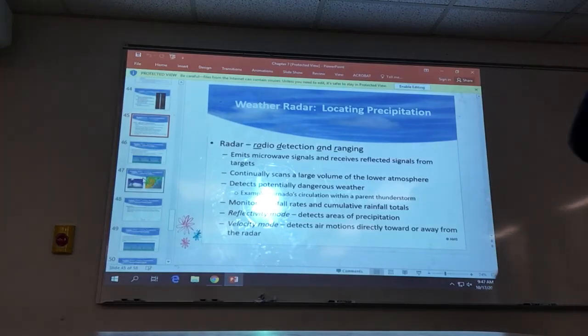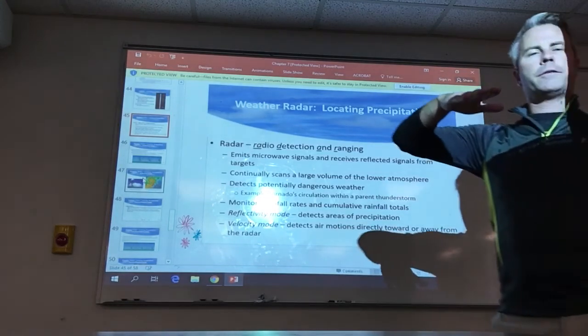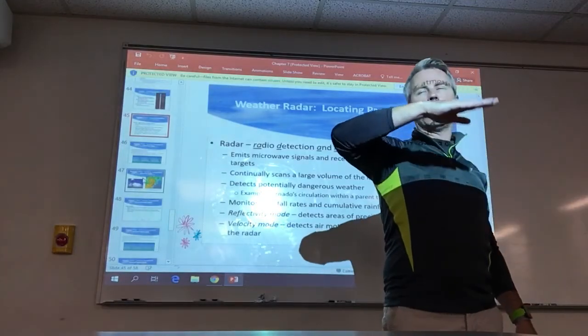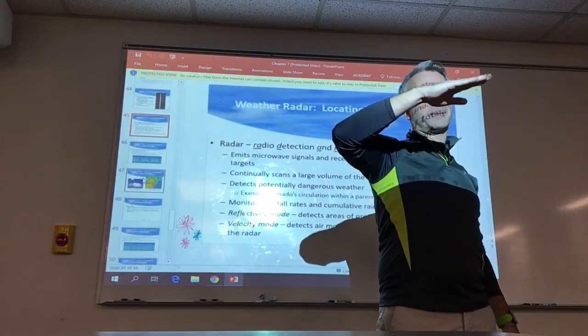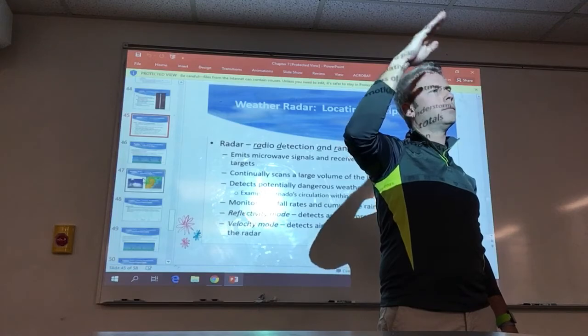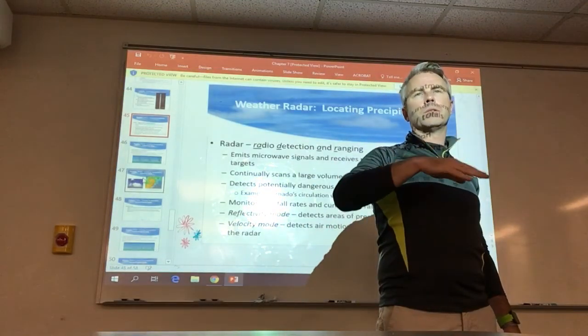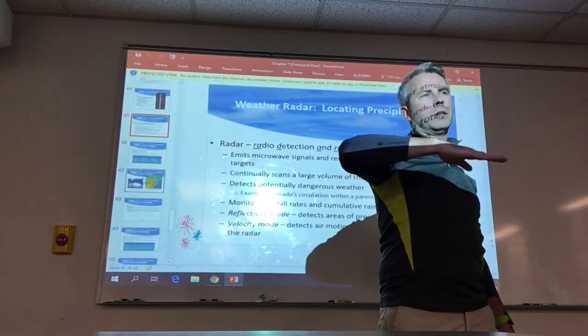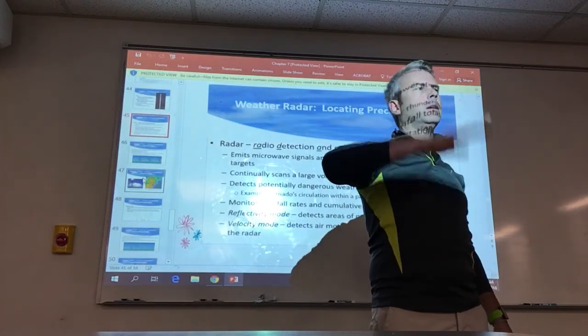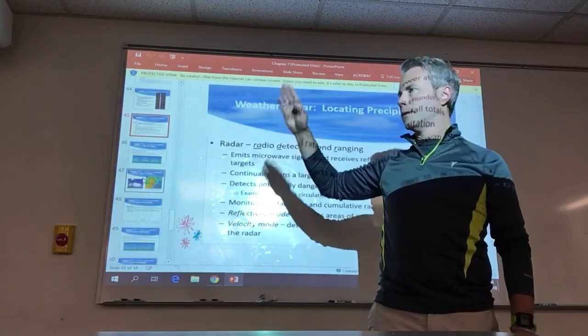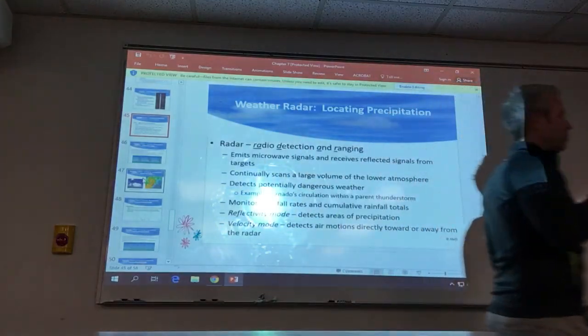It shoots out beams as it goes around, and it starts to scan vertically. The radar will start off here, then scan a half a degree up, and a half a degree up, and a half a degree up, like this, and then go back. So it's kind of like a fan, one of those little sprinklers. It starts here, goes back down, and gives you this little vertical slice of what's happening out in the atmosphere as it goes round and round and round.